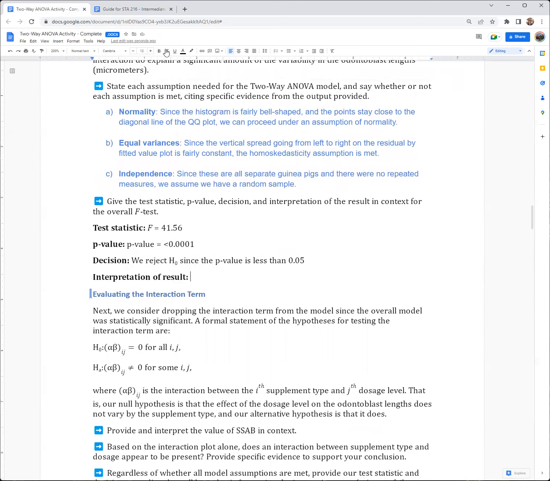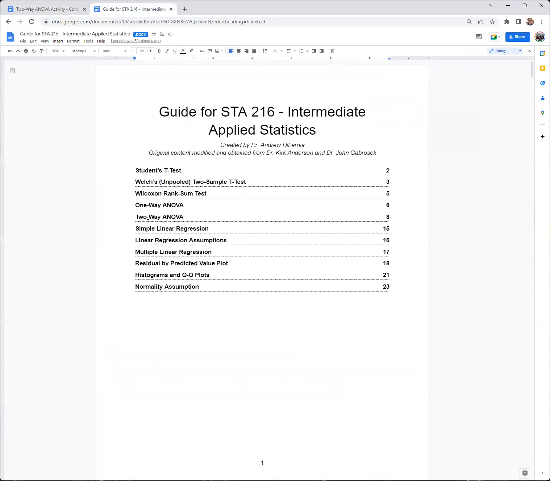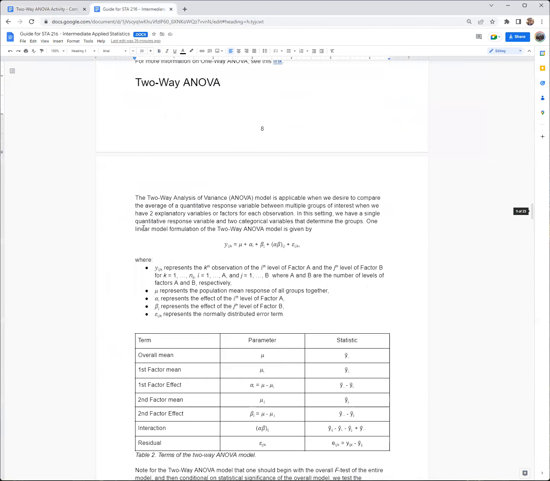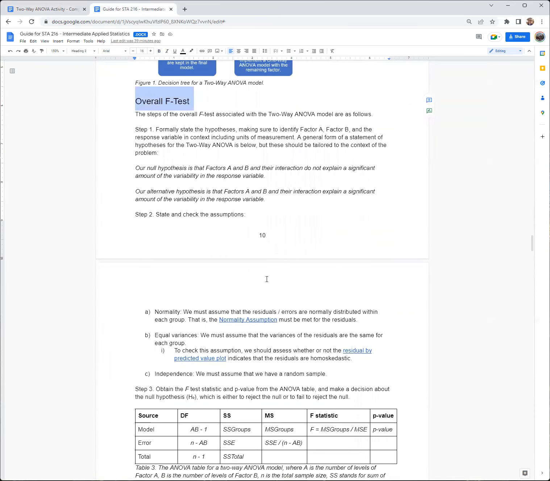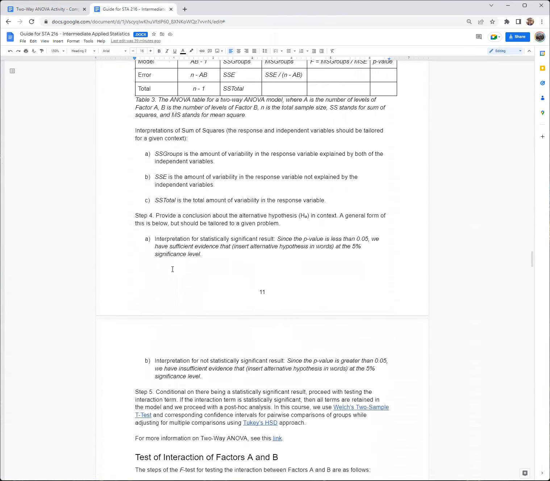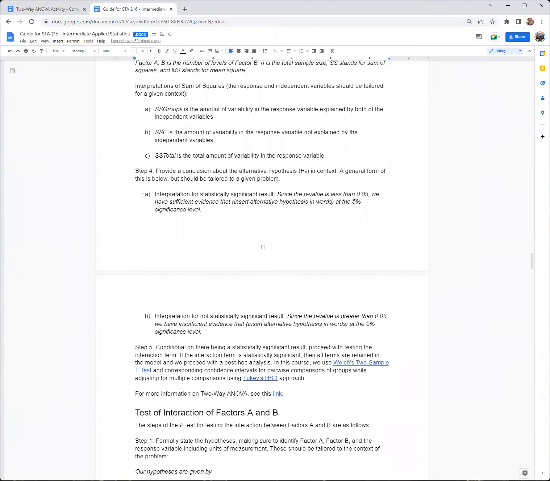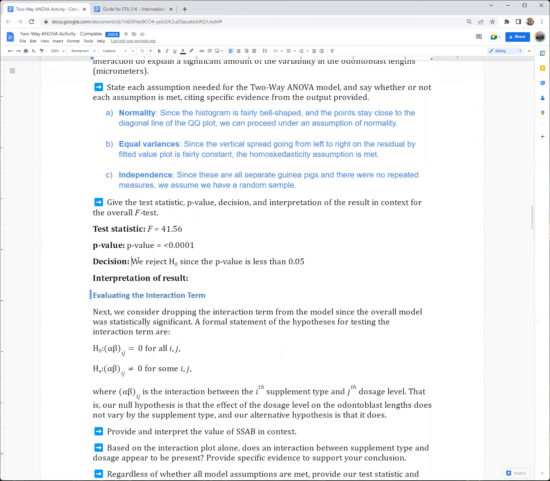And here we are following the guide for Stat 216 document, which gives the steps for this process. We're following the overall F-test directions here. Specifically, we're now into step 4. This is a statistically significant result since we rejected H0.